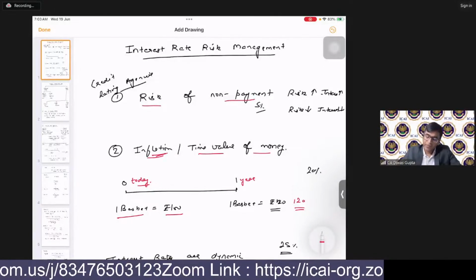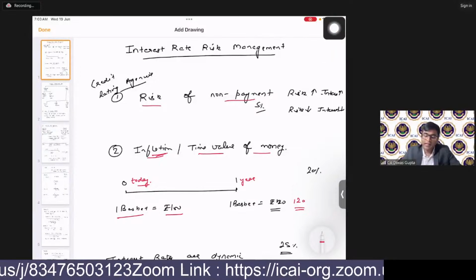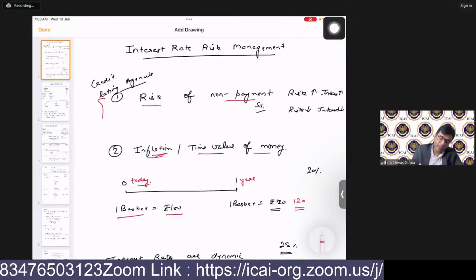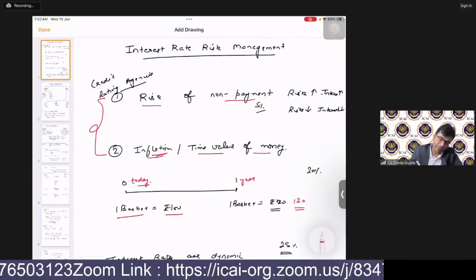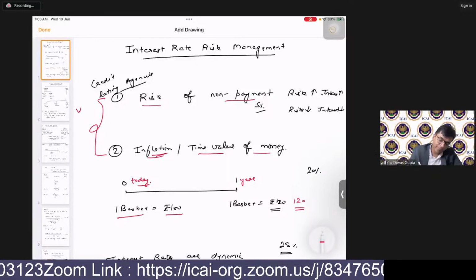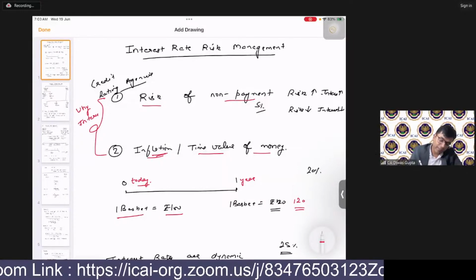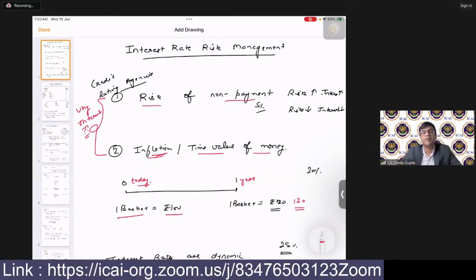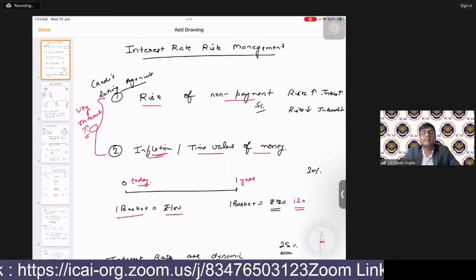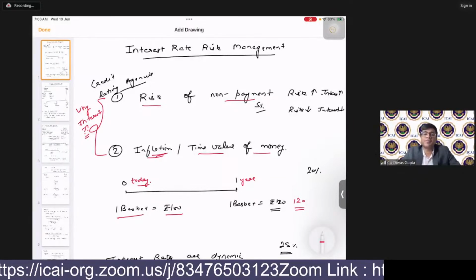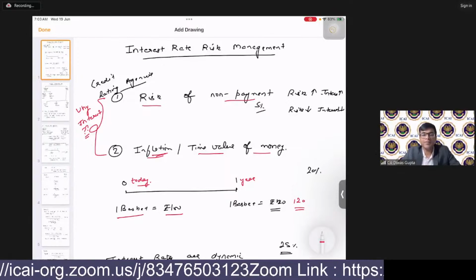So these 2 points tell us why there is a need to pay interest. Clear, students?